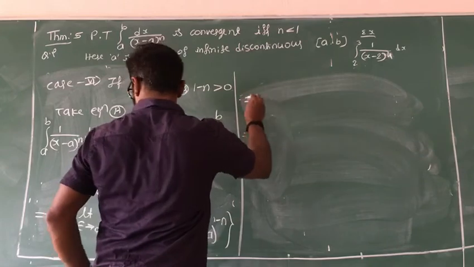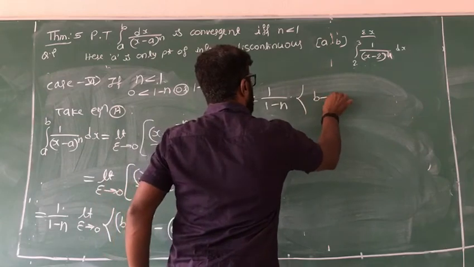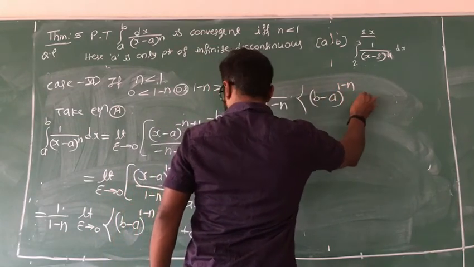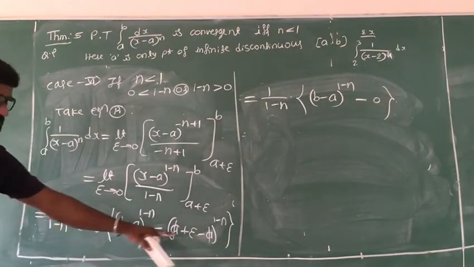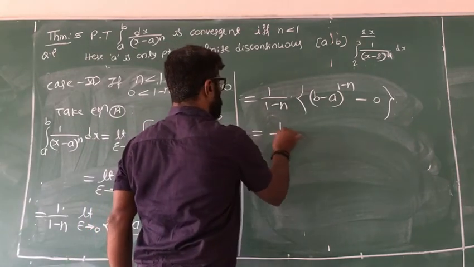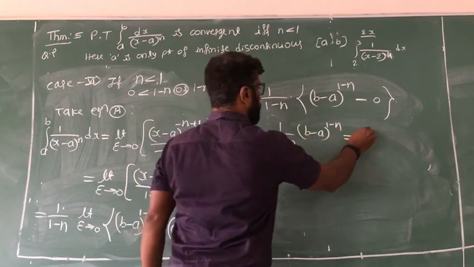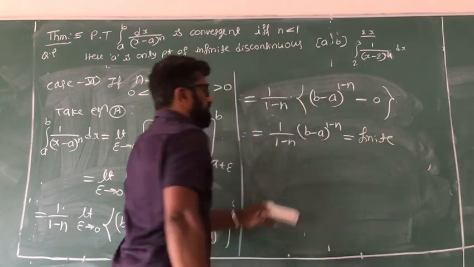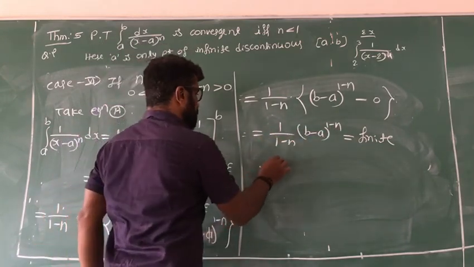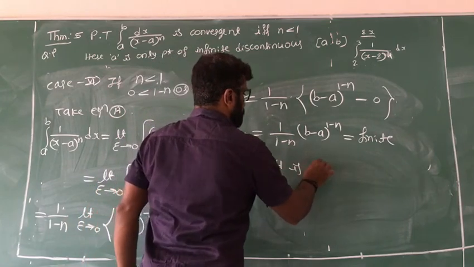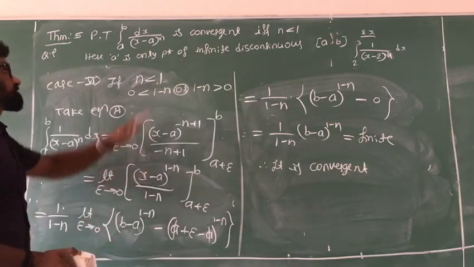So that equals 1 divided by 1 minus n, b minus a raised to 1 minus n, minus 0. So we get 1 divided by 1 minus n into b minus a raised to 1 minus n. This is finite, because a and b are any real numbers. So this is finite. If it is finite, therefore it is convergent. Right? Hence the complete theorem. Practice and it will come.